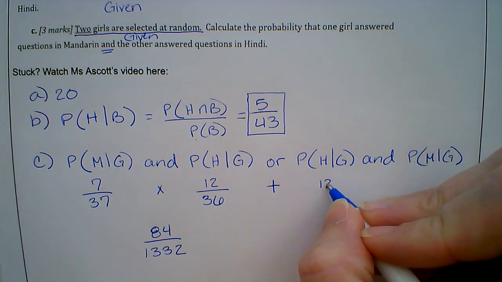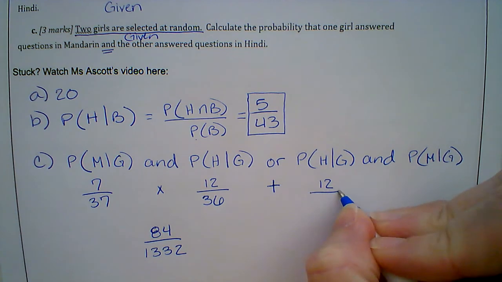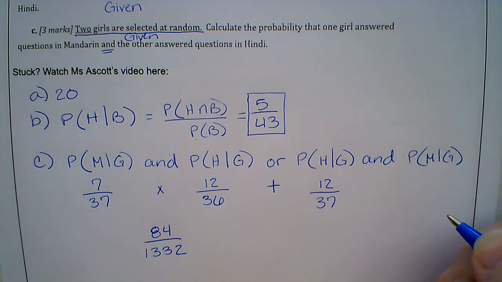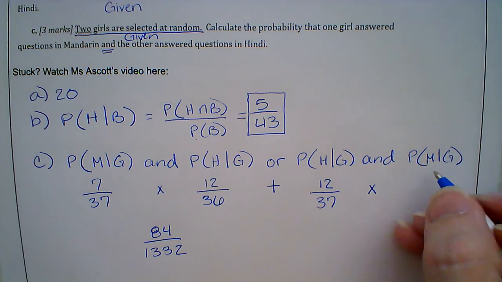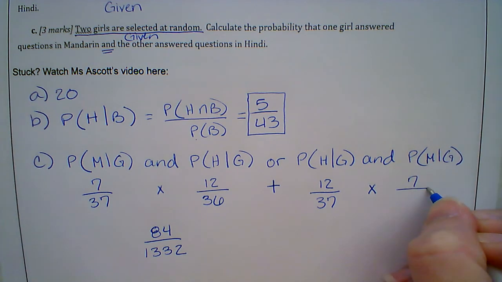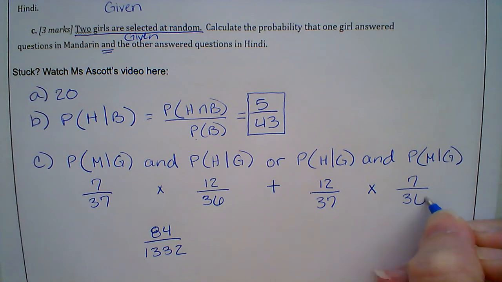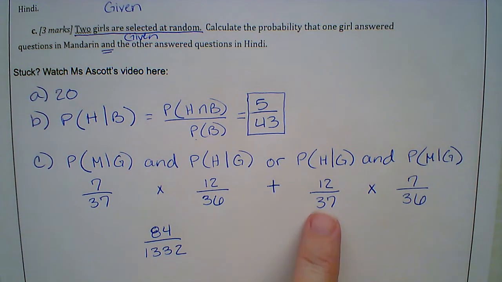Well, 12 of those girls answered in Hindi, and there are 37 girls total in the bag. And the second girl, there are 7 girls in the bag left who speak Mandarin, but again, how many girls are in the bag? 36, because I already took data on this girl, so she doesn't count anymore because I already have her data.